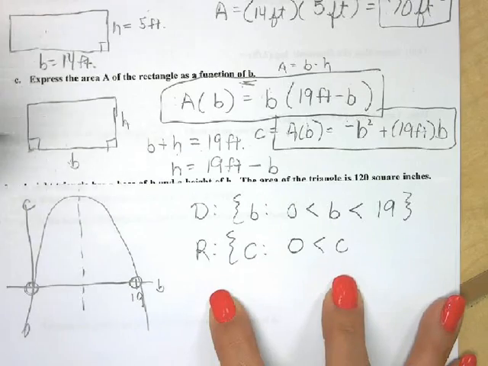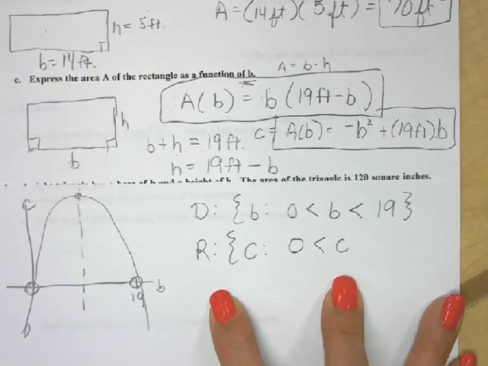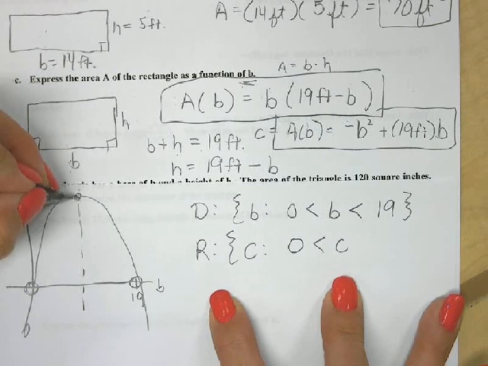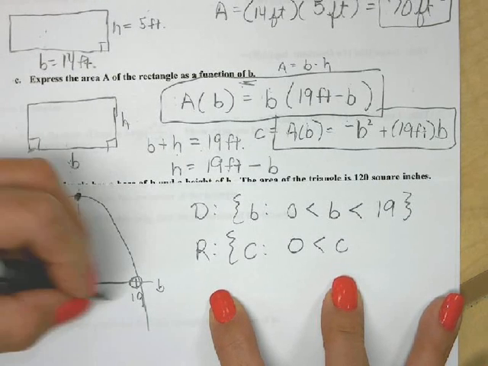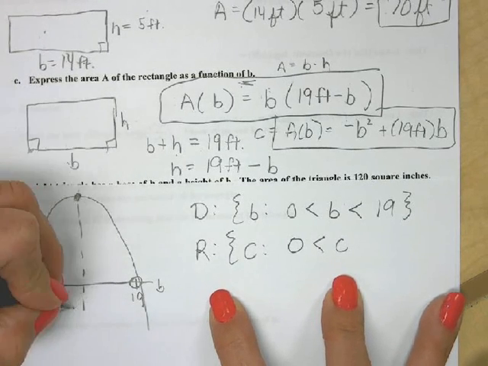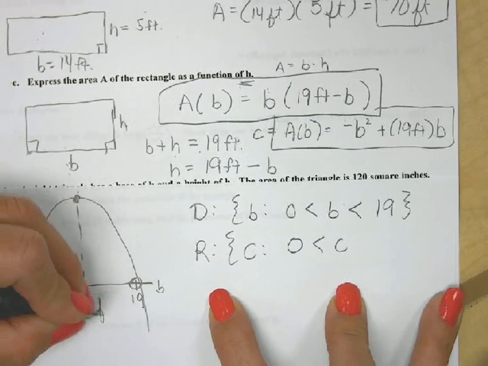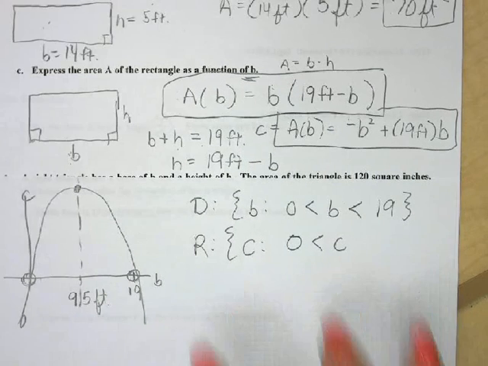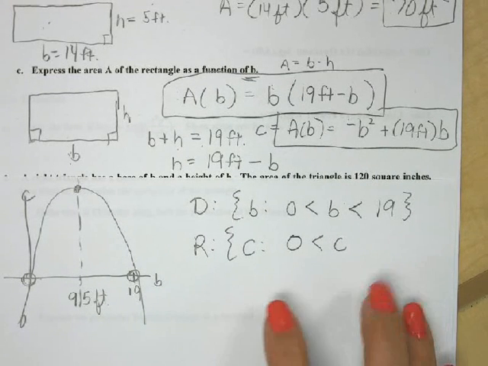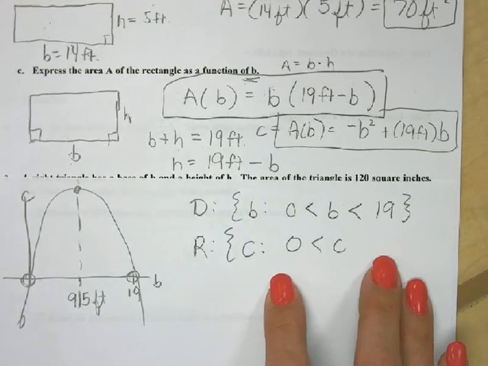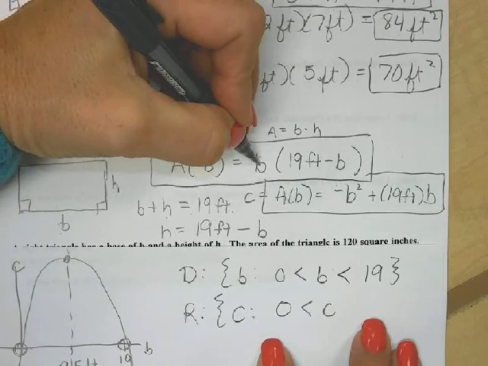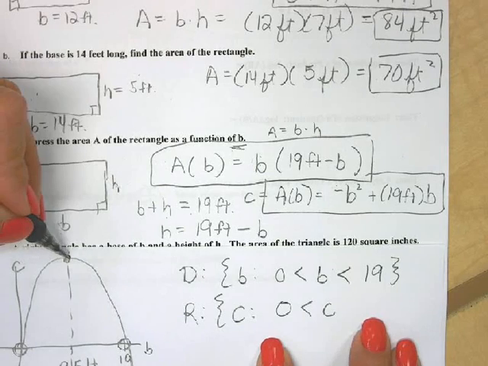And then notice that this is at the vertex. And since this point is at the vertex, I really would like to know that. And I can see from the geometry of this that at 9.5 feet, that's where I would have my vertex, or that's where I would have the maximum amount of area. So if I input 9.5 feet into here, I can find out what this area will be.